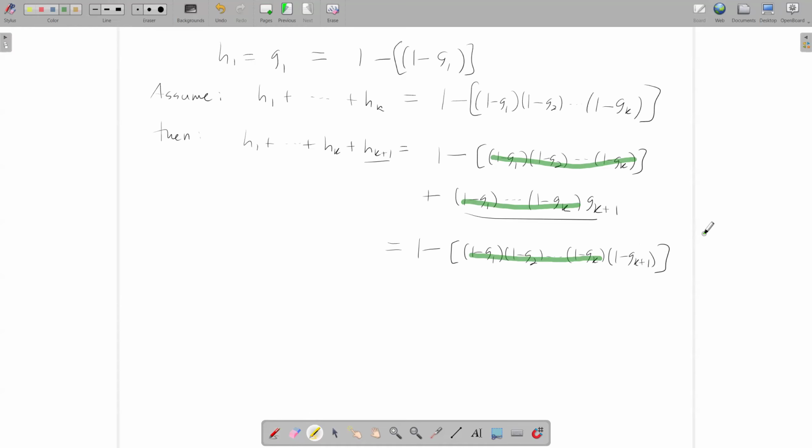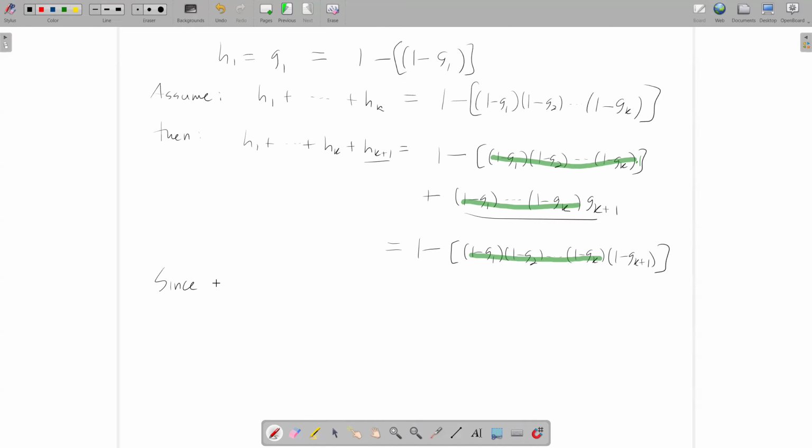Like I could put in times 1 there if I wanted, and we have a negative here, and that's plus gk, which is the same as minus g(k plus 1). So anyway, that's basically how that works. Okay, so now we have this formula.